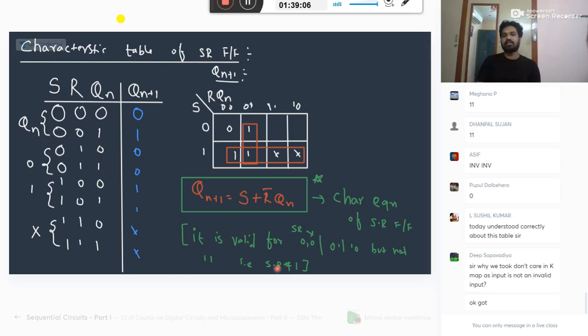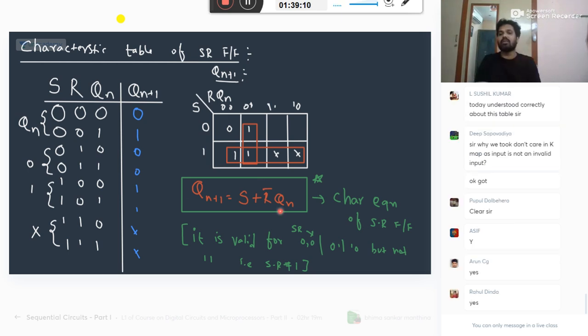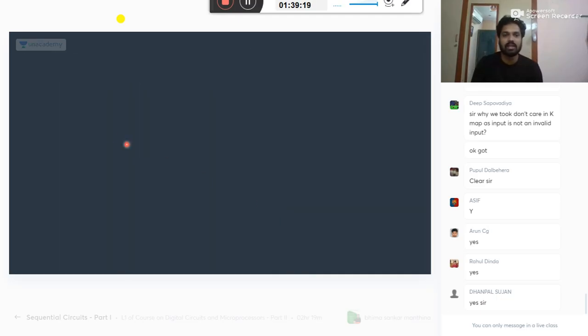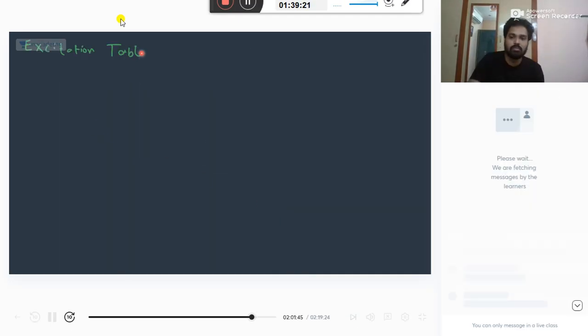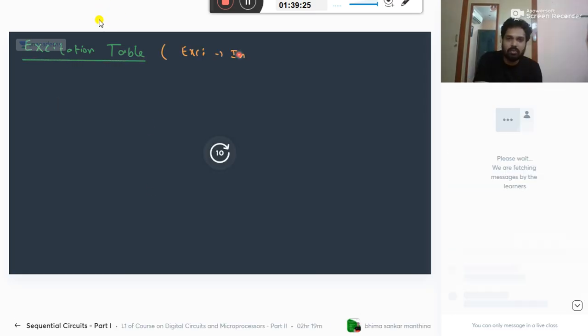This will tell you the characteristic equation. Everything is used in the design. We will use it in the design. Don't worry about it. Understand the concept basically first. So the last part of today's class, one leftover part, is the excitation table. So what is the meaning?